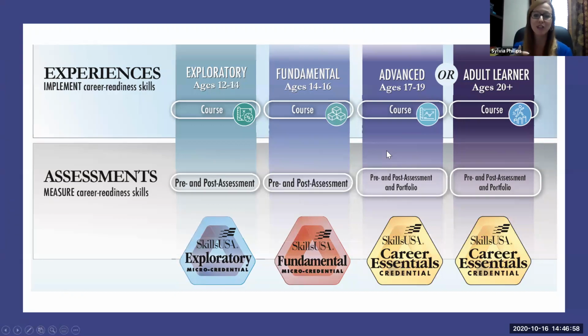They complete assignments online, they upload their assignments online, and then at the end they have a post-assessment. And if they pass that post-assessment at 80% or better, you see they have the opportunity to earn either a micro-credential or the full industry-recognized Career Essentials credential. And so in addition to a technical credential that they might be earning in your program, they would also have the opportunity to earn a credential specific to the employability skills that were listed in the framework.